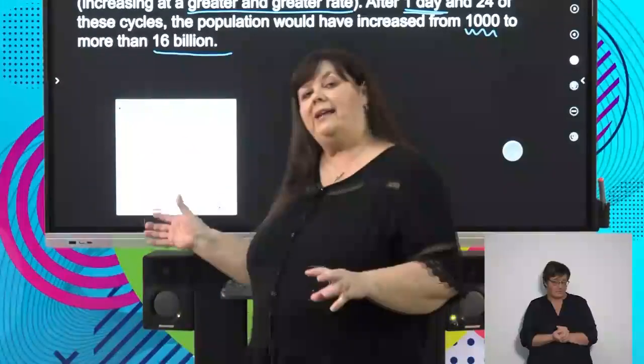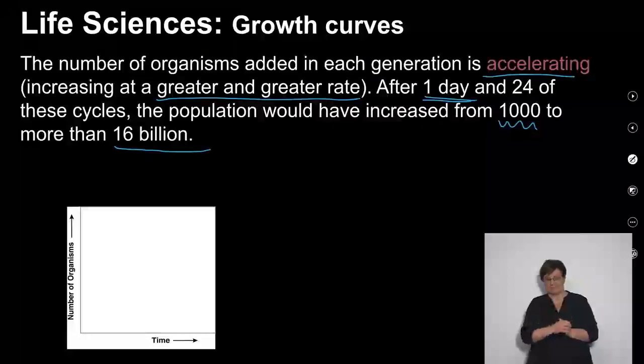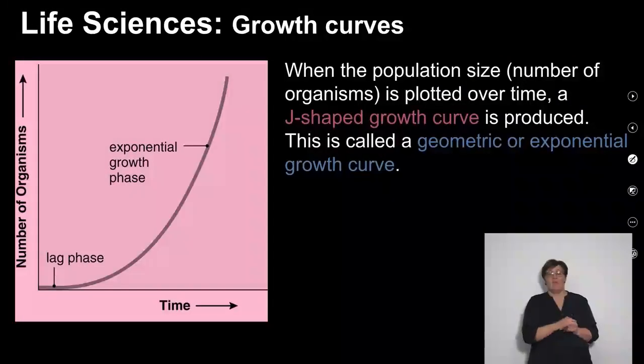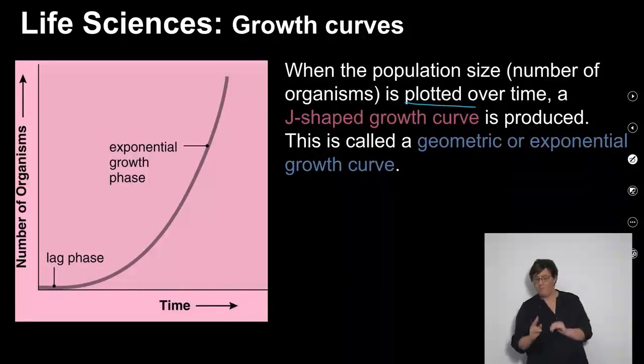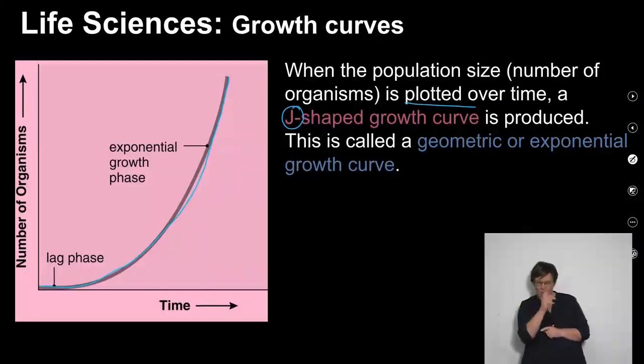What would that growth curve actually look like? Well, let's see. When a population size is plotted over time, we're going to get a J-shaped growth curve. Let's have a look at it. Here it is. Do you see that it's vaguely J-shaped?